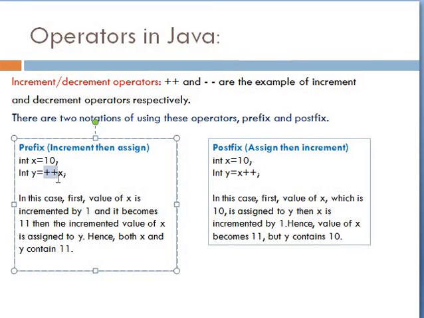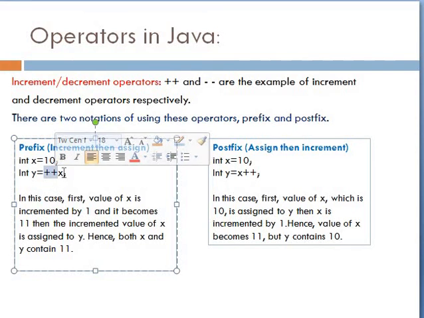This is because the increment operator ++ occurs before the variable x. So we first increase the value of x by 1. The previous value of x was 10, and increasing it by 1 gives the new value of x as 11. So the value of x is now 11.